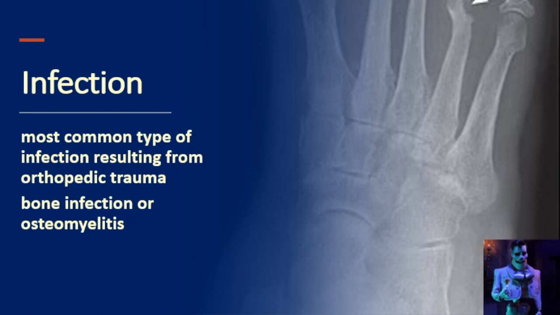Okay, that's why we often salute orthopedic surgeons who are able to do the surgery fast. Okay, because if they're able to do the surgery fast, the exposure of the patient to pathogens would be minimal. Okay, but still they are giving prophylactic antibiotics.